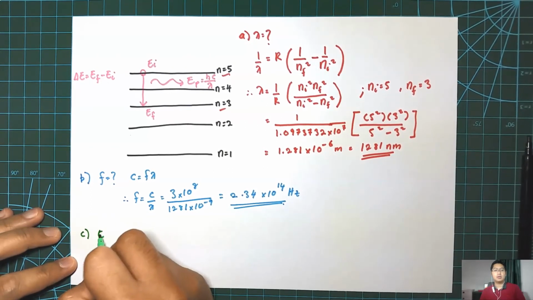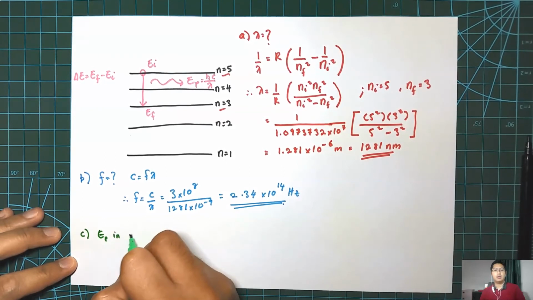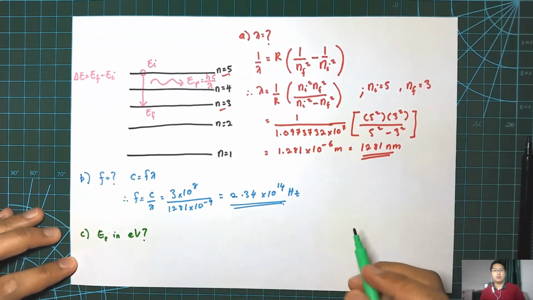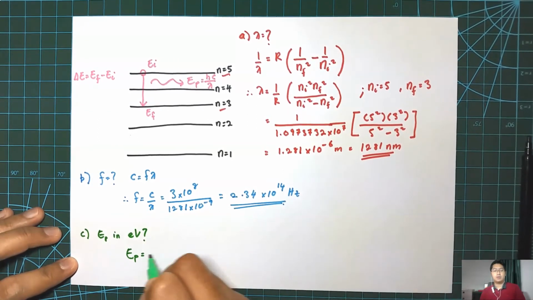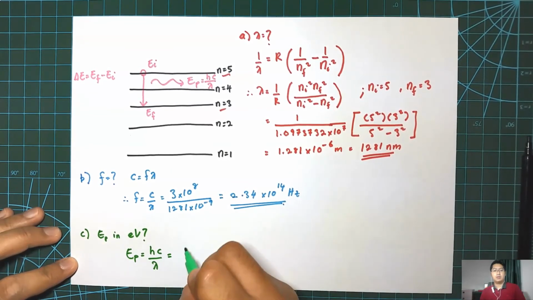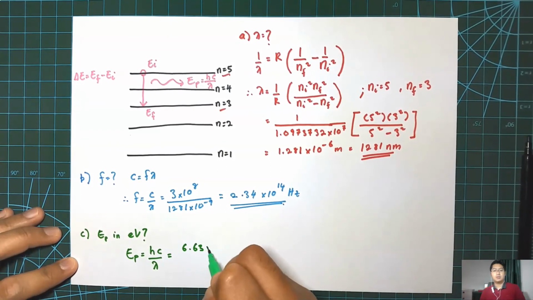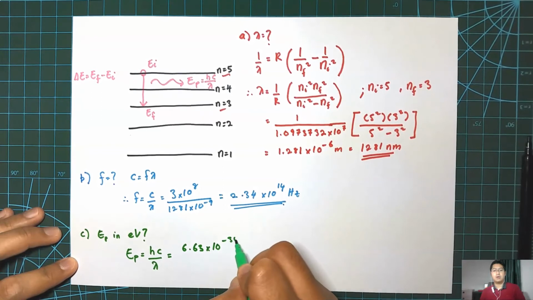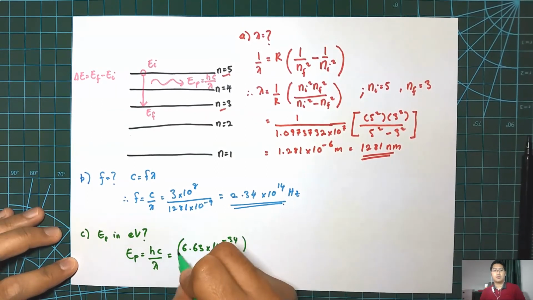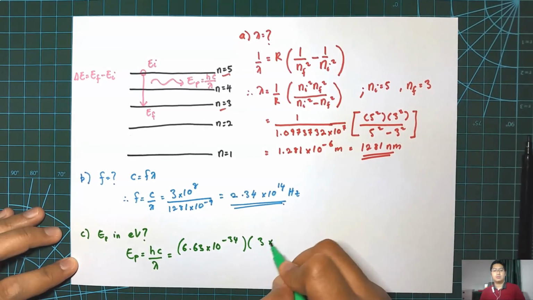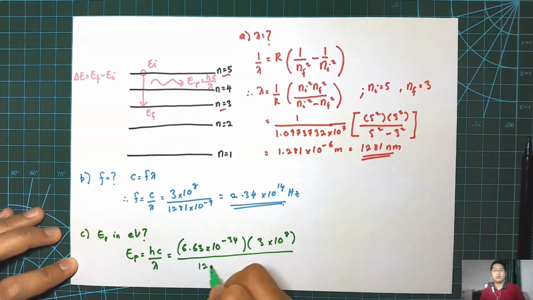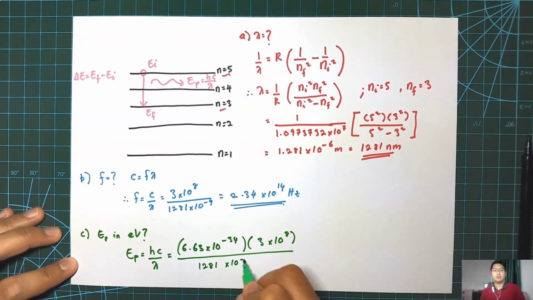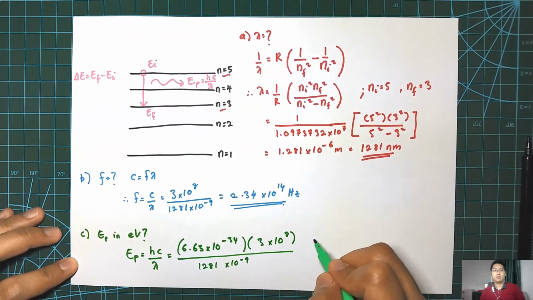The third question is to find the energy of the photon emitted from the transition in electron volt. So the energy of the photon equals hc over lambda, where h is the Planck constant, 6.63 times 10 to the power of negative 34, times the speed of light, 3 times 10 to the power of 8, over lambda.